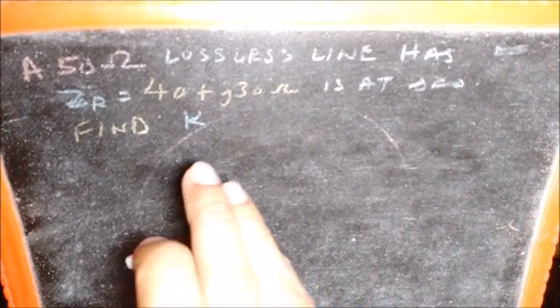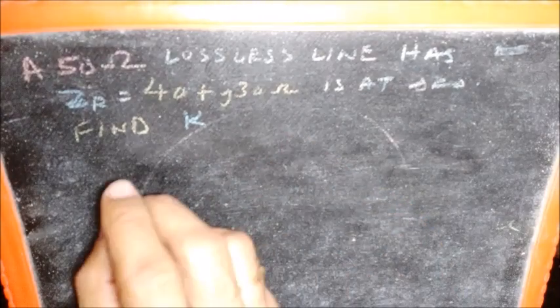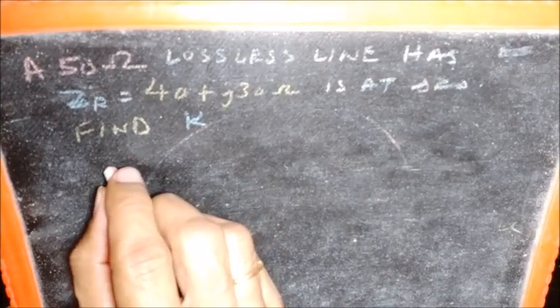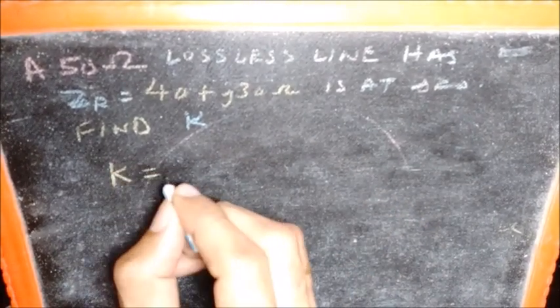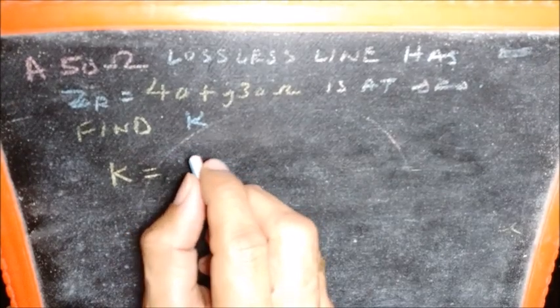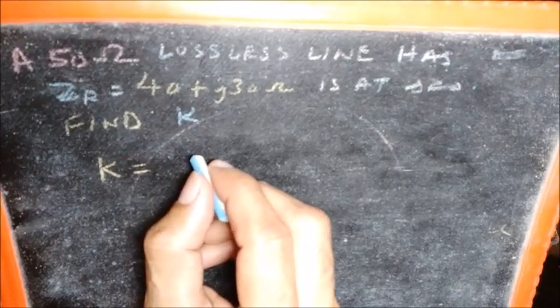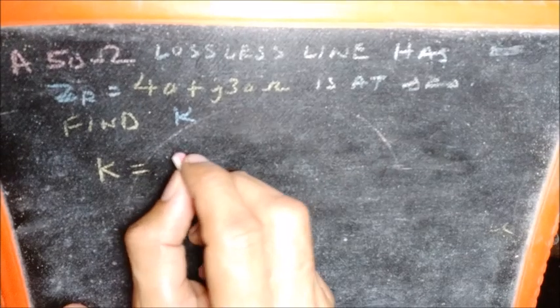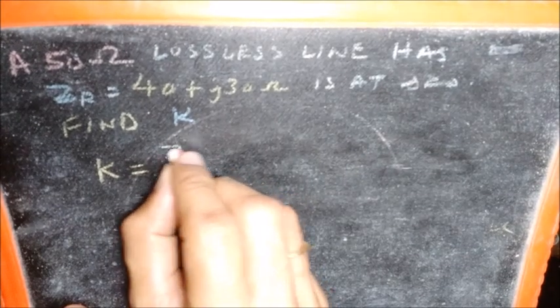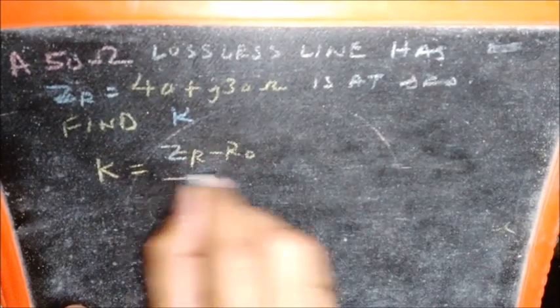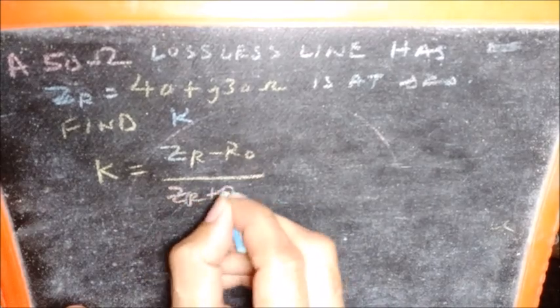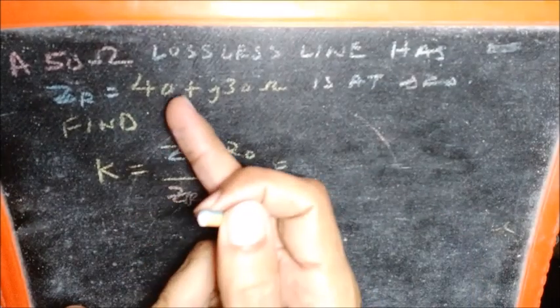Before that, we will solve this problem analytically without the Smith chart, so that we'll know what the actual answer is. It's a simple problem to solve. This is a simple example. We'll take more complicated problems later. So K, as you know, is (ZR minus R0) by (ZR plus R0).